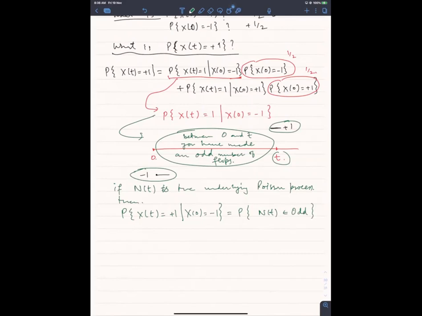Okay. So now I can write the expression for this. इसके लिए हम expression लिख सकते हैं. Probability X of t is equal to +1 is equal to this conditional probability into 1/2.